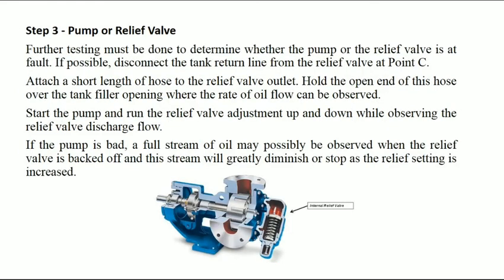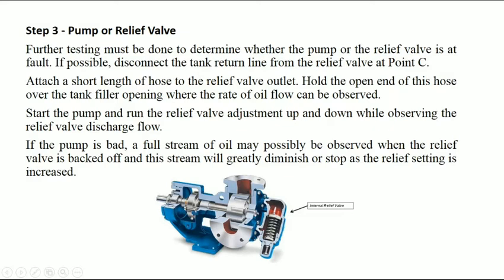The third cause is the pump and relief valve. Further testing must be done to determine whether the pump or relief valve is at fault. If possible, disconnect the tank return line from the pump valve at point C. Attach a short length of hose to the relief valve outlet.